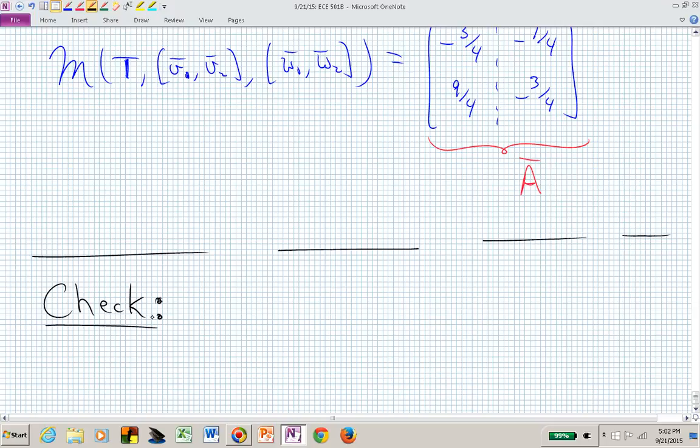We're now trying to check our work. We're trying to see what happens when we take the point P1 in the V bar basis and map that into Q1 in the W bar, but now we are using the matrix representation of the linear map T in the V bar W bar basis.